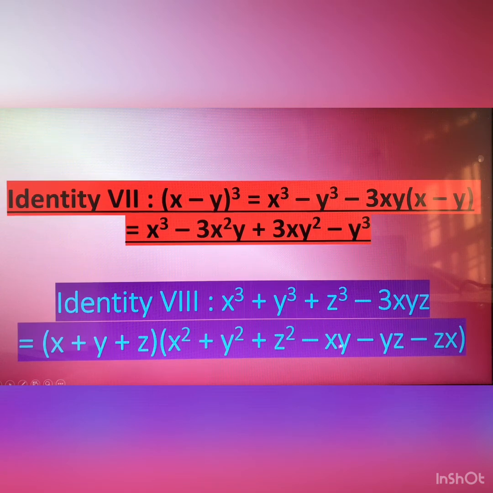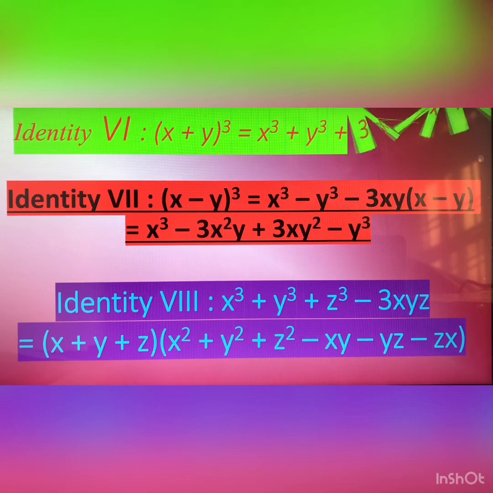After that successively multiplication with negative sign, that is x into y, so you write minus xy, and y into z minus yz, and z into x minus zx, with all 3 negative signs, and here are all positive signs. So dear, these are the identity number 8.